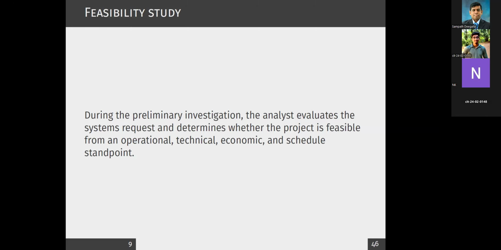Like we were discussing about the feasibility study, I told you that during the preliminary investigation, the analyst has to evaluate the system request and whether the project is feasible. When we say the project is feasible, you have to focus on operational feasibility. That means once you develop a software system, whether we have staff to use it and operate it.